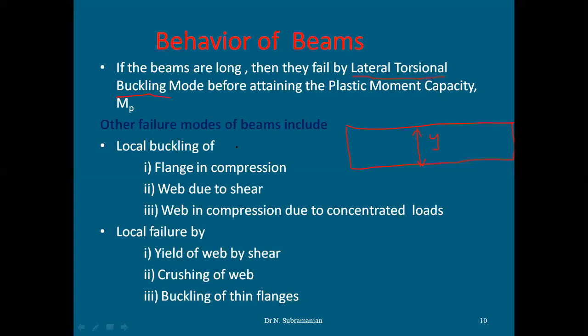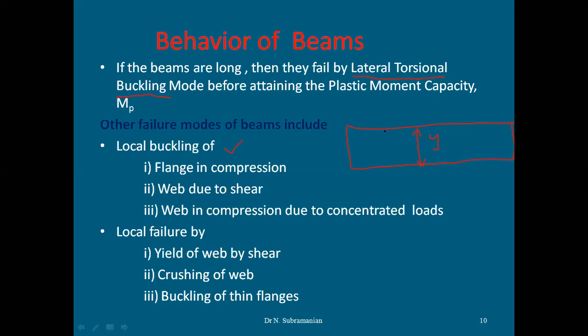The other failure modes of beams include local buckling, right? Local buckling in the compression flange, the web undergoing shear, and the web in compression due to concentrated load. These three failures, your I-section beams will undergo. What is the first one? Flange in compression. In the compression flange, local buckling takes place, and the web.